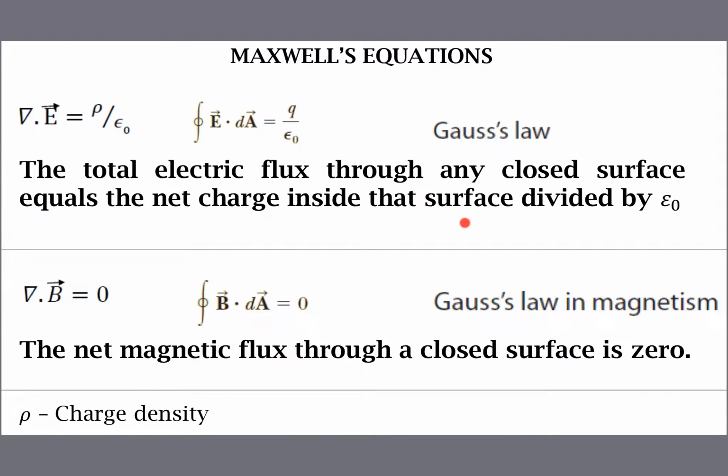If 500 naira enters your account and 480 naira leaves your account, you cannot say that you have 500 naira. You check the net, and the net will be the one entering minus the one leaving. So the net can be said to be as good as entering minus leaving. The net magnetic flux through a closed surface is 0.